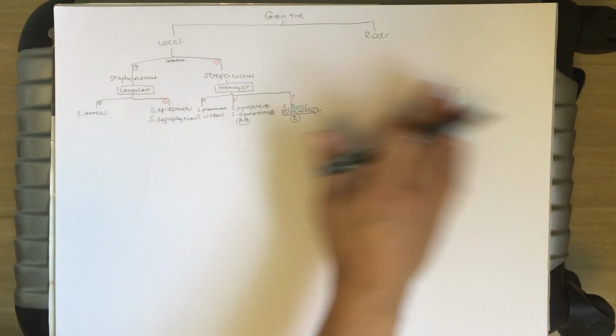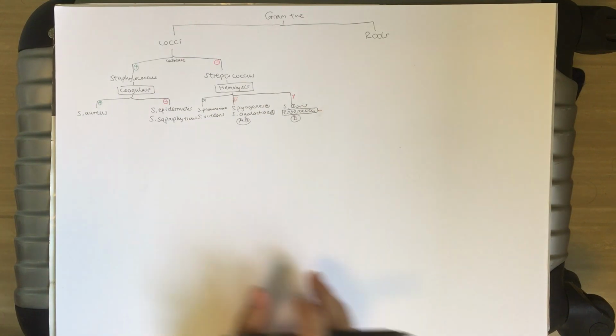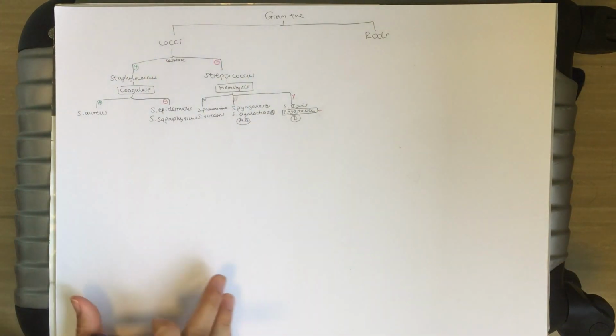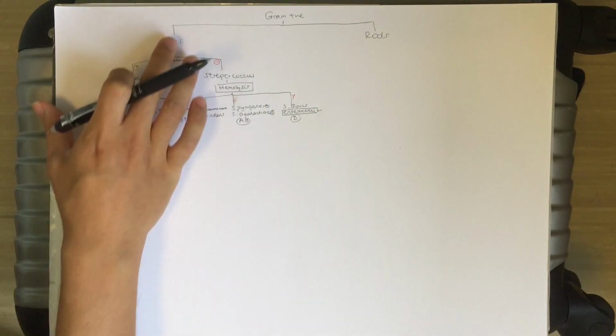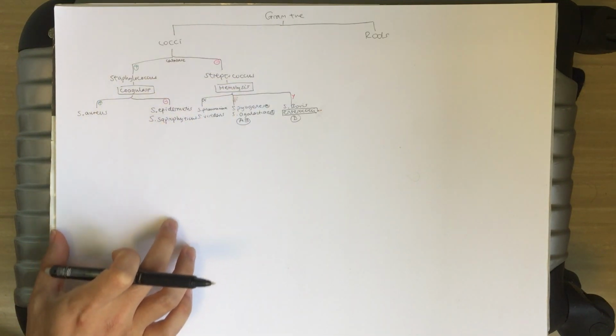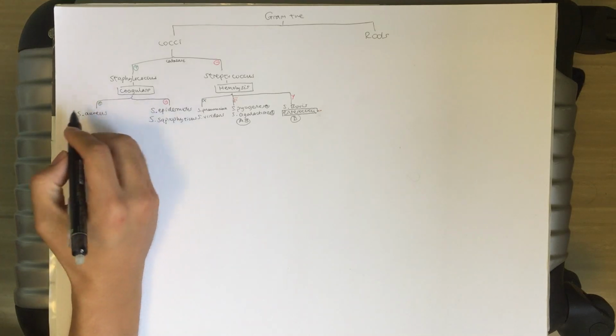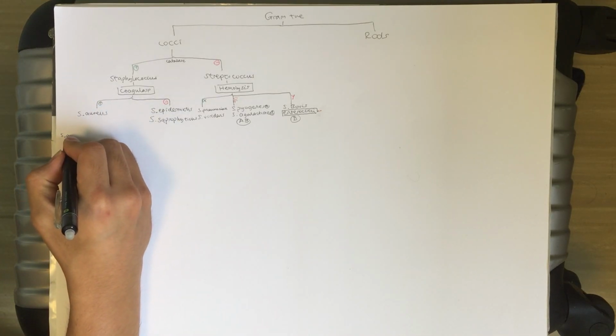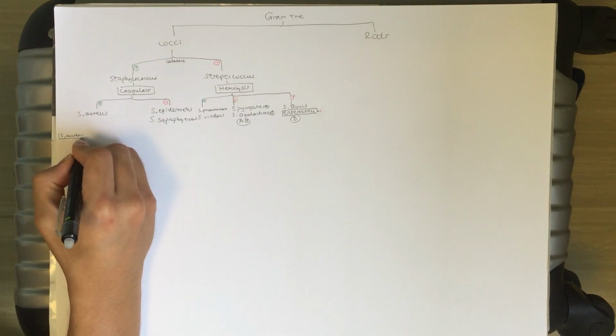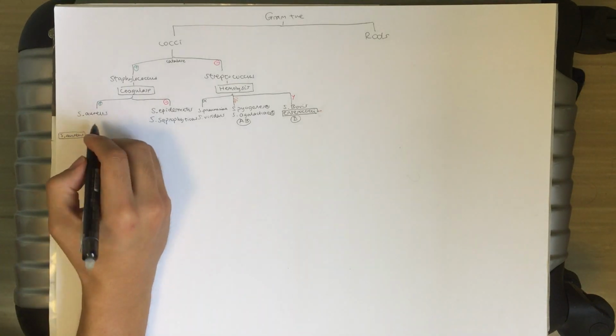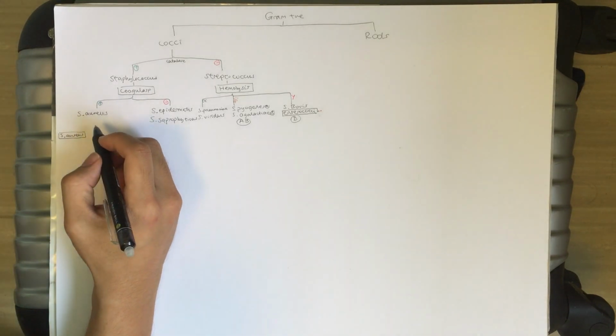Okay, so the reason why I'm drawing this diagram like this is because you like to have a big piece of paper, so then you can have this diagram here and then write individually what these bacteria can do. So for instance, on the diagram that I've made before, I put S. aureus here, and I've written some things about it.